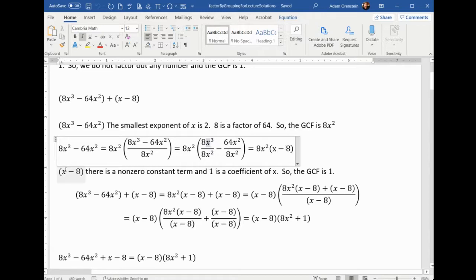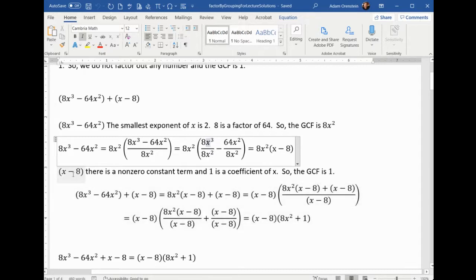Good. And x minus 8, remember, when you factor out the GCF, the polynomial that's left over is going to have a GCF of 1. So x minus 8, we can't factor any further. So because of that, x minus 8 has a GCF of 1.